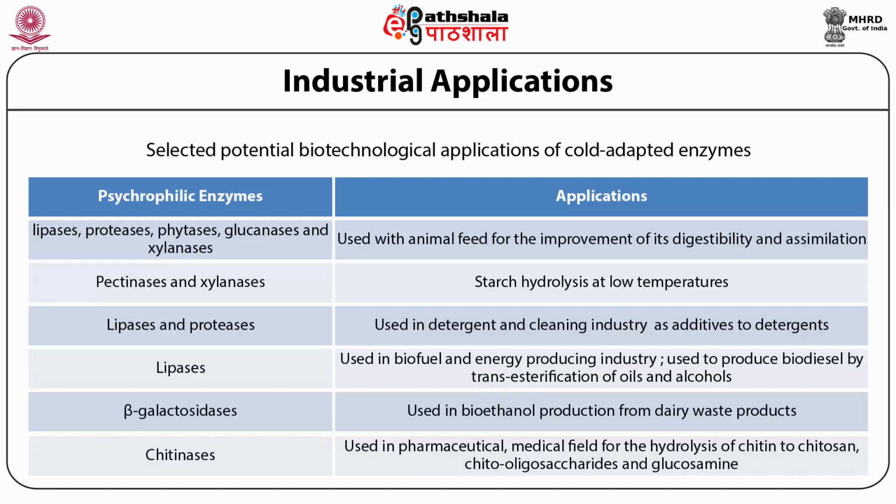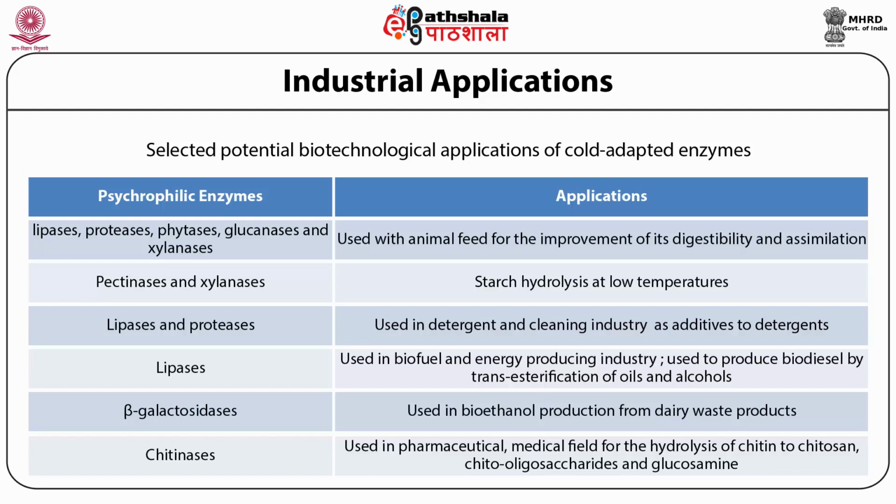Then pectinases and xylanases are used in starch hydrolysis at low temperatures. Lipases and proteases are used in the detergents and cleaning industry as additives to the detergents. Lipases are also used in the biofuel and energy producing industry.